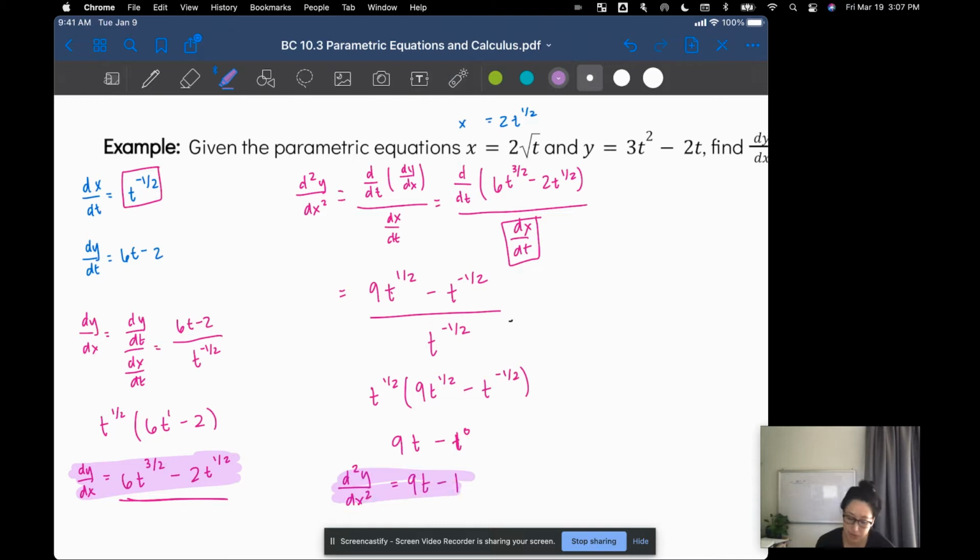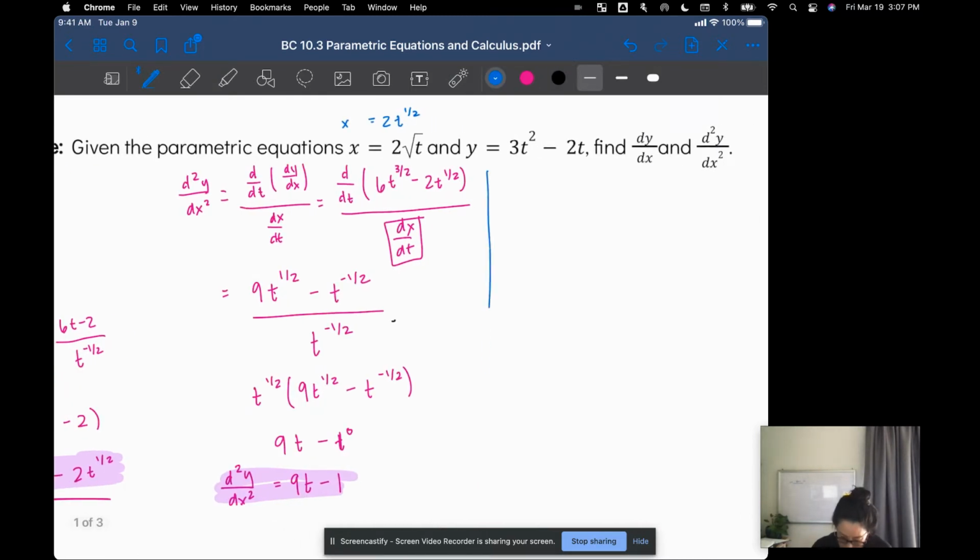Okay, so I am going to show you how we get this, the second derivative at least. What we do is use implicit differentiation. I'm going to start with d/dx of dy/dx, which is equal to d squared y over dx squared.